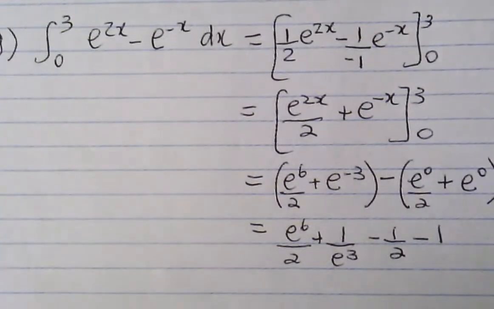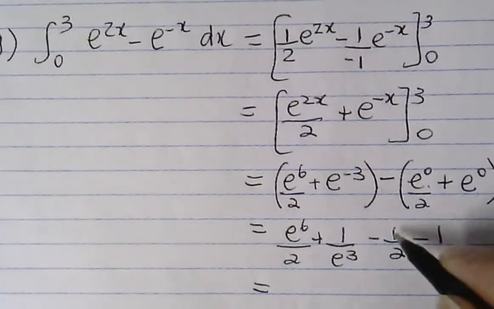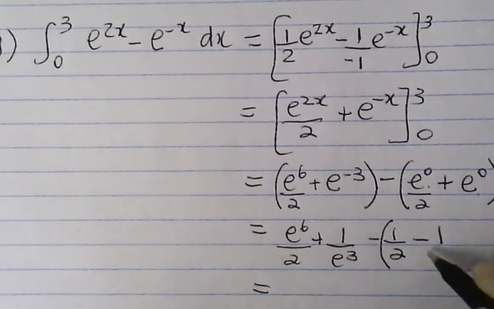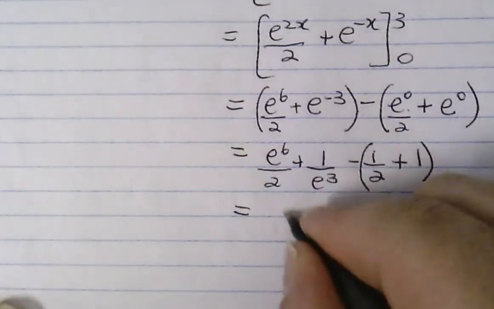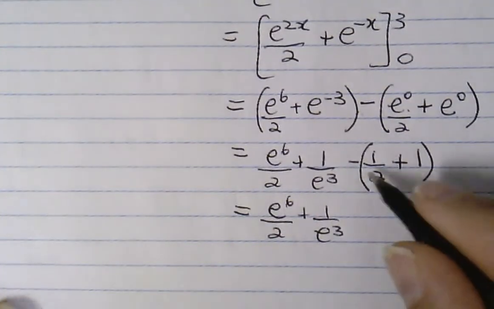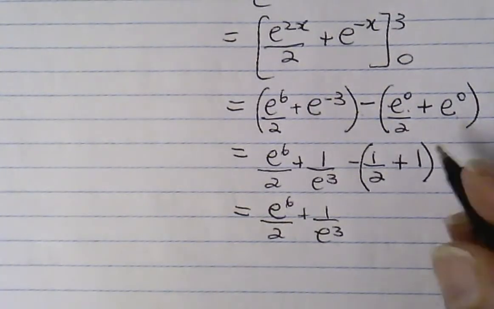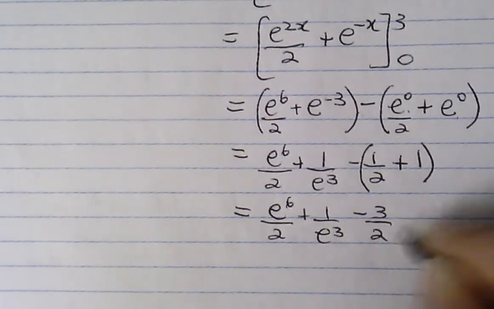Minus 1. Because it's minus that, please don't put minus. If you want, go minus bracket a half plus 1 with brackets if you're going to mess it up. And then do it on the next row anyway, because we have to collect the like terms anyway. So what is it? Minus 3 on 2, that's right.